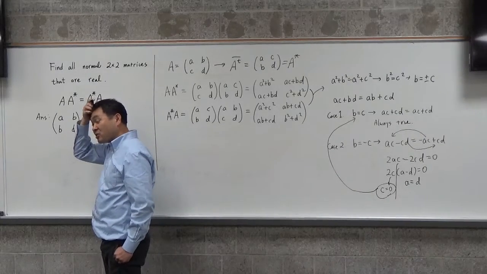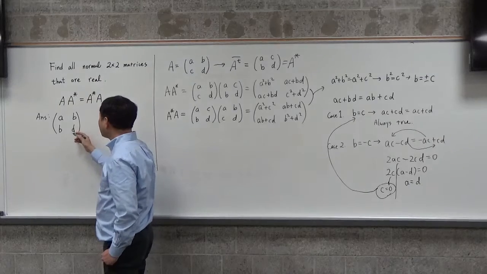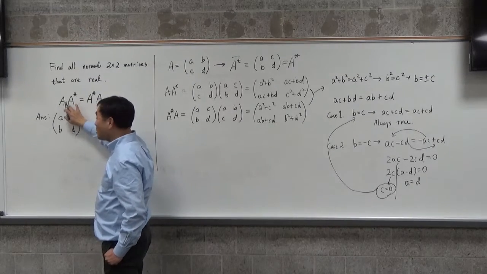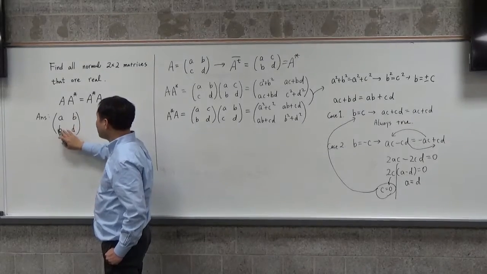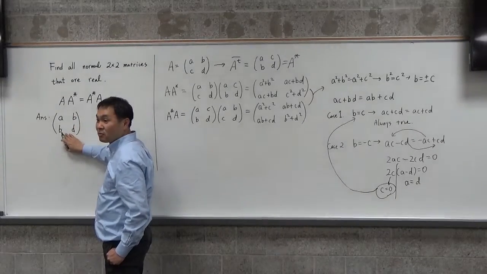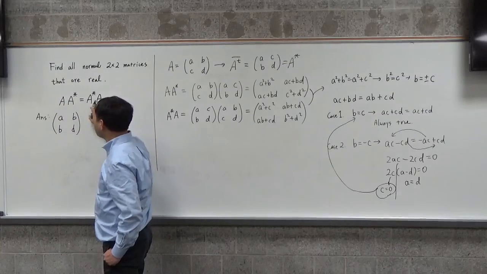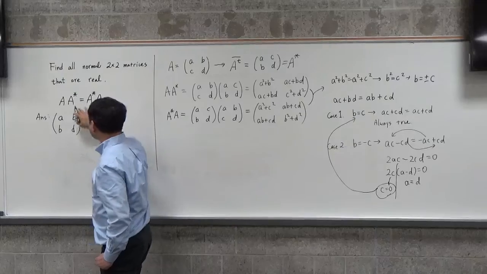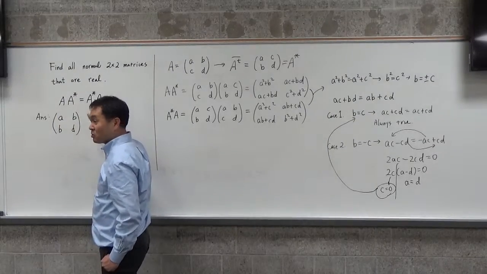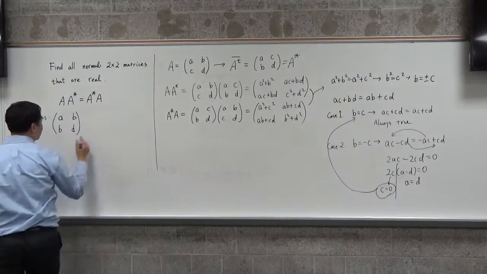This is self-adjoint. Well, self-adjoint means that A star is the same as itself, so it's kind of trivial for this case. If this is A, then A star is itself. So this condition is almost trivially true. It's just saying that A squared is equal to A squared, so nothing special is going on.